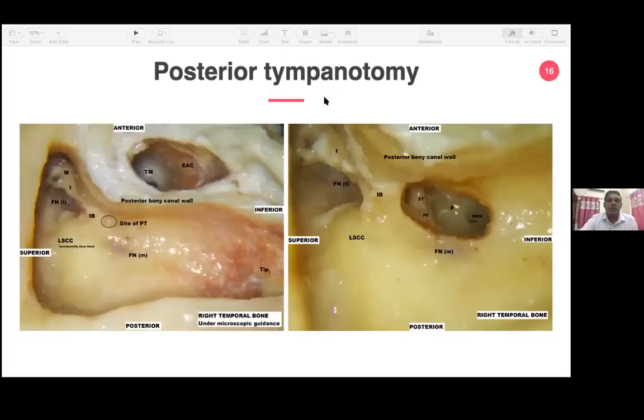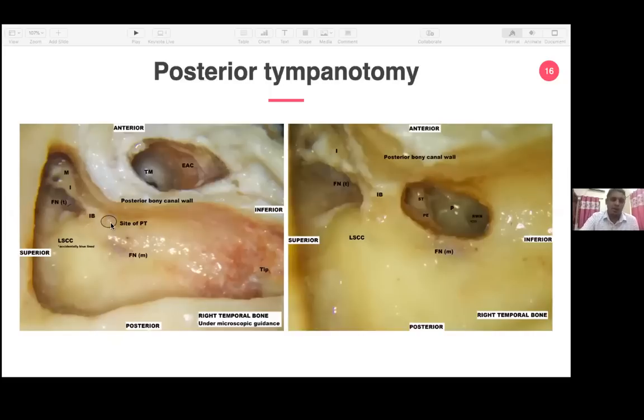If you open the tympanic cavity from the anterior, that is from the external auditory canal, raising the tympanum as a flap, that is called anterior tympanotomy. So here we are interested in posterior tympanotomy. That means we are opening into the middle ear via the posterior route or the mastoid route.